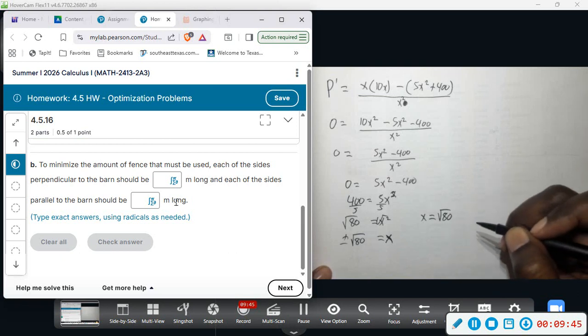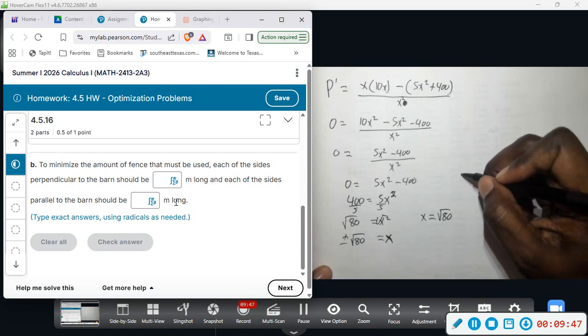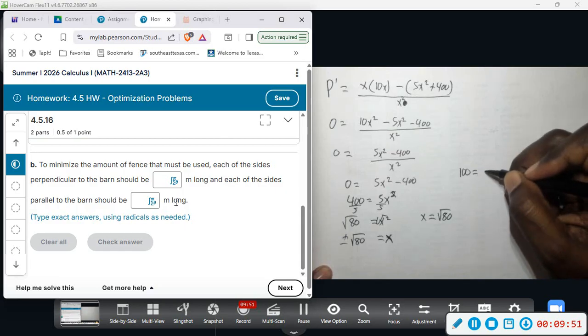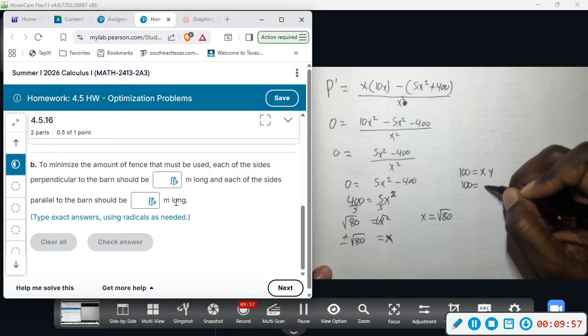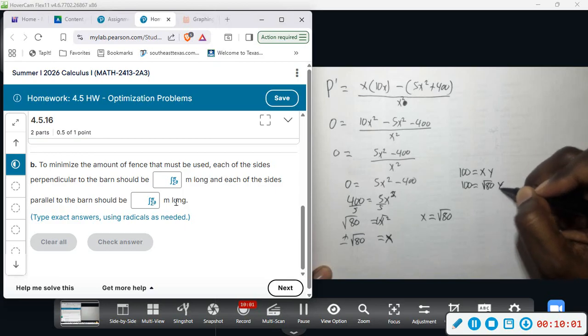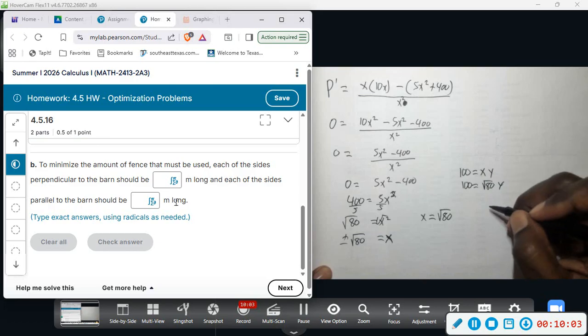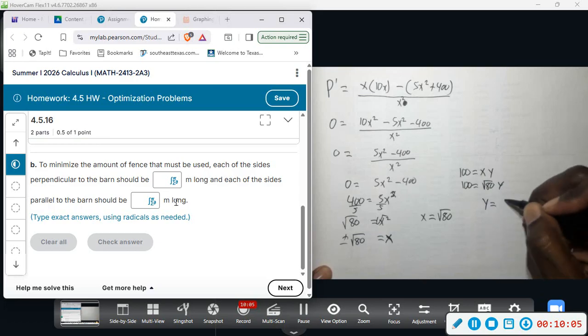And therefore, if we go back to our area function, 100 equals x times y, where x is square root of 80. Square root of 80 times y, and divide by square root of 80, so y equals 100 over the square root of 80. Now this is unsimplified.